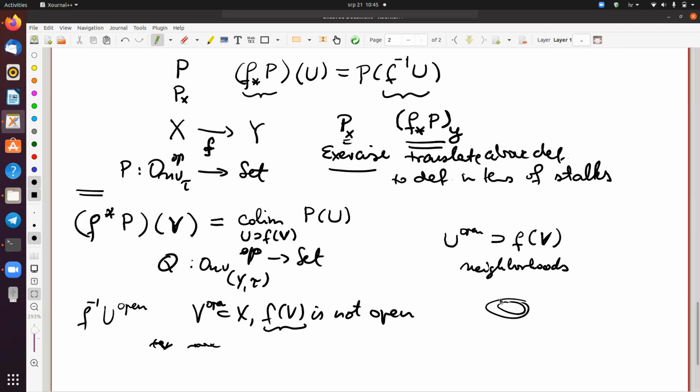So I have all of these, and those are further. You take reverse inclusions because you are taking the co-limit, and the one which is a smaller neighborhood of F of V is larger in the sense of this order.